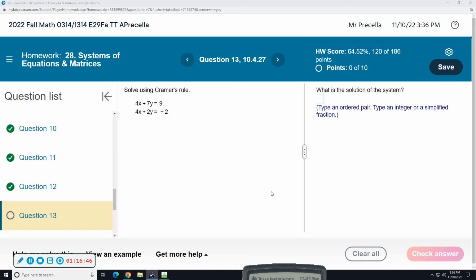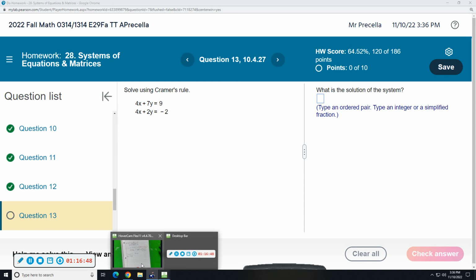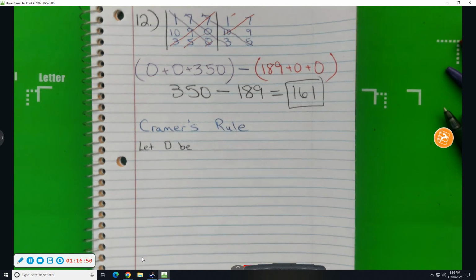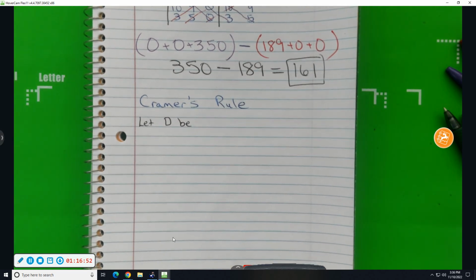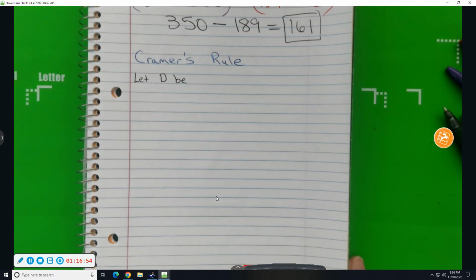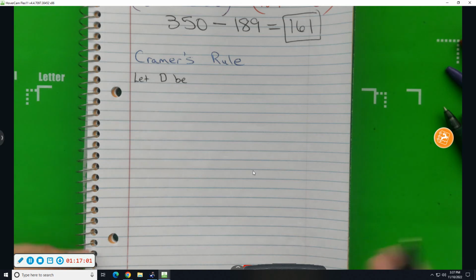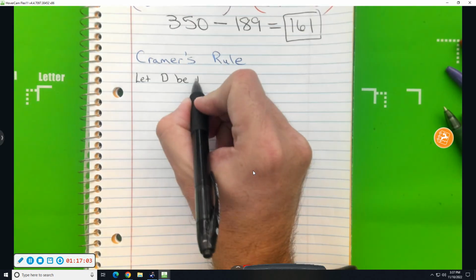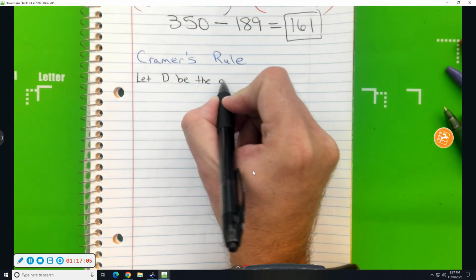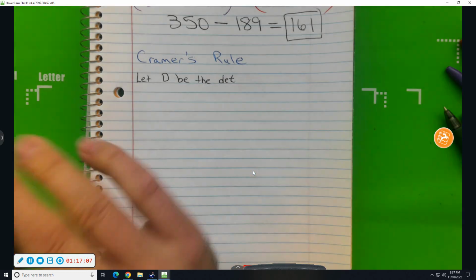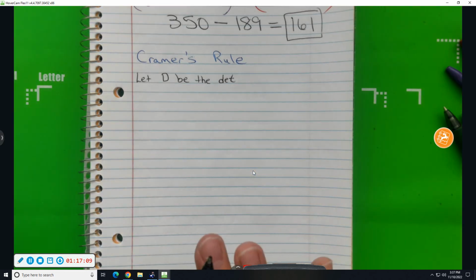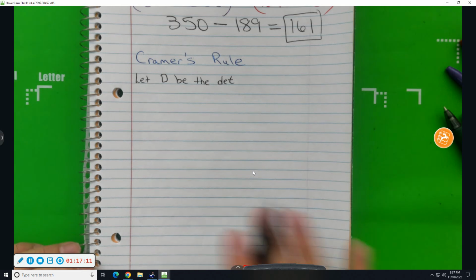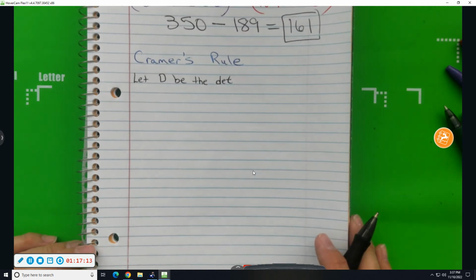If someone asked you what's Cramer's rule, the answer would be, well, x equals Dx over D and y equals Dy over D. The natural question is, what the heck are these D's? Let capital D be the determinant, and DET is the standard abbreviation for determinant in any English language math book and on any English language calculator.